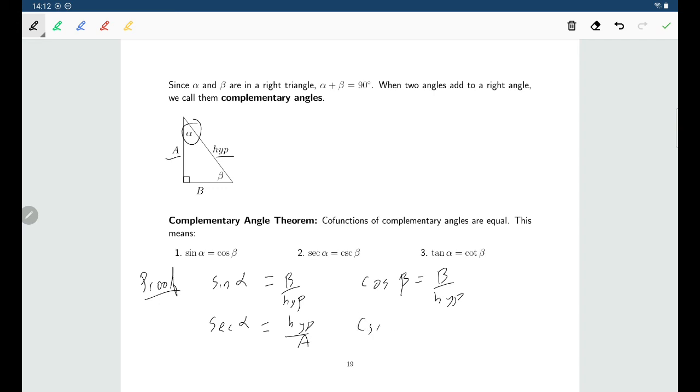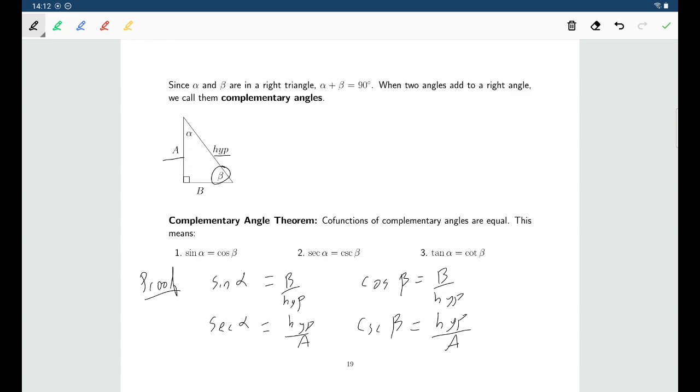And cosecant of beta should be the reciprocal of sine. Sine is opposite over hypotenuse, and so for cosecant, it should be the reciprocal, in this case, hypotenuse over a. And you can see here that secant of alpha and cosecant of beta are equal to each other.